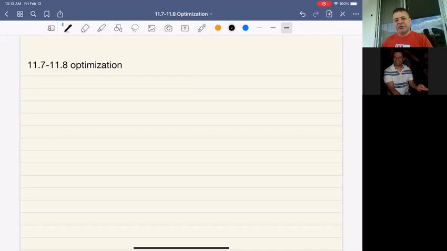So let's start with just a refresher of one-dimensional optimization.